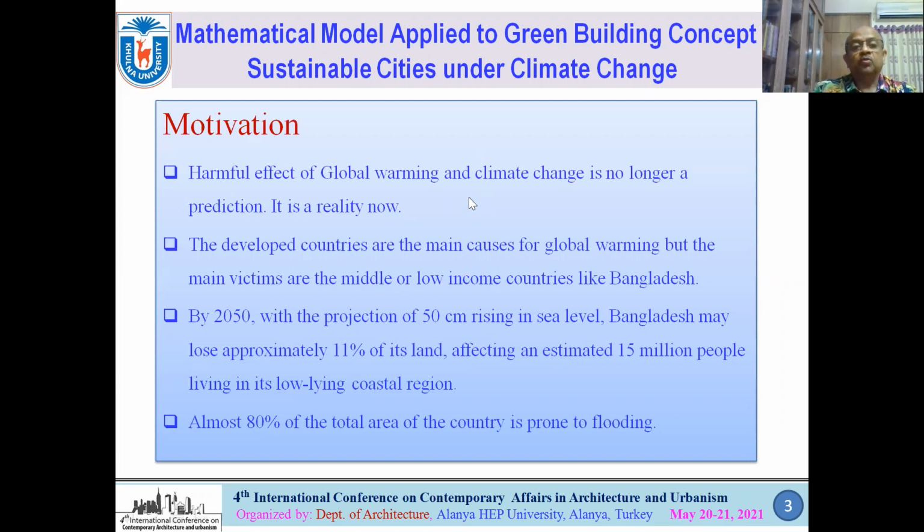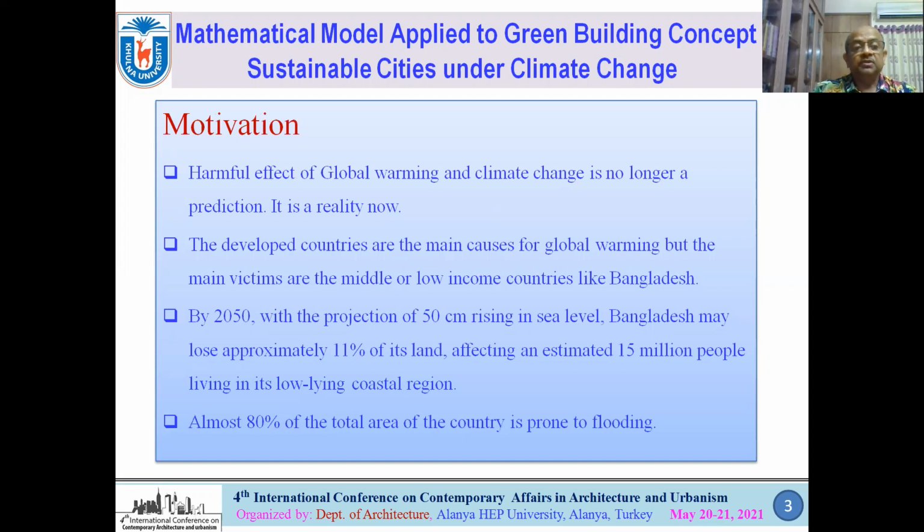The harmful effect of global warming and climate change is no longer a prediction. It is just a reality now. The developed countries are mainly responsible for this global warming, but the main victims are the middle and low income countries like Bangladesh.